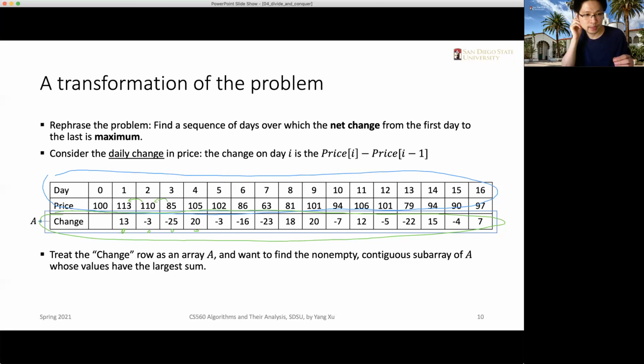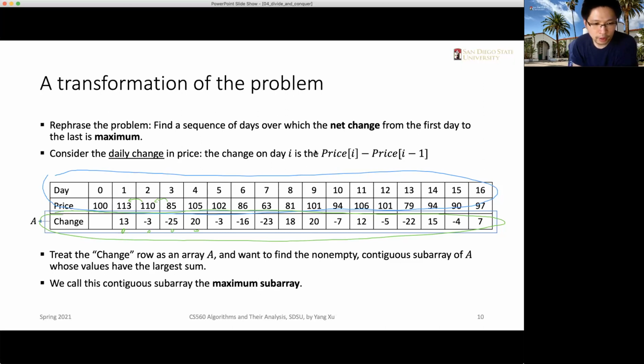This makes a new problem, which is easier to handle, because we just need to sum up all the numbers in it. There's something we can maximize now. We call this contiguous subarray the maximum subarray. For example, in this case, the maximum subarray is from A8 to A11, which gives us the maximum sum of 43.